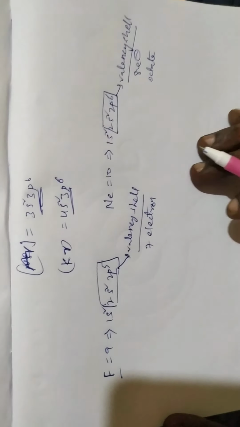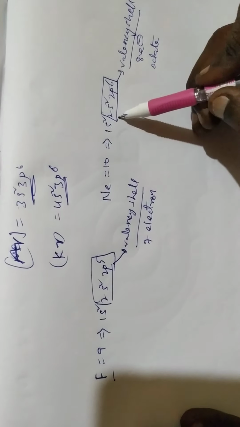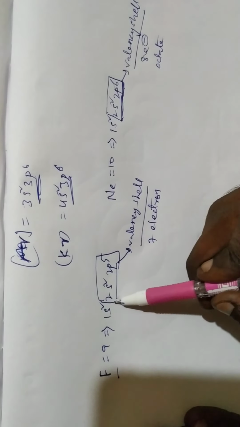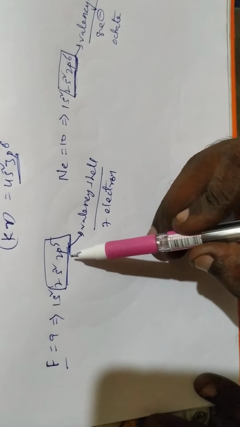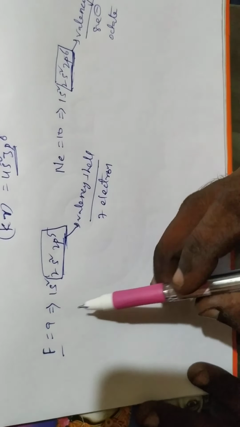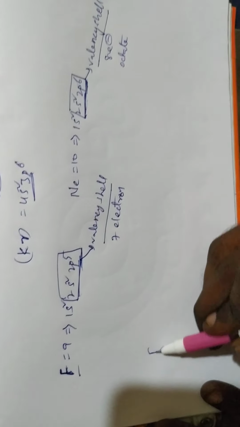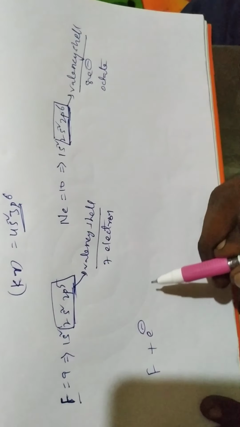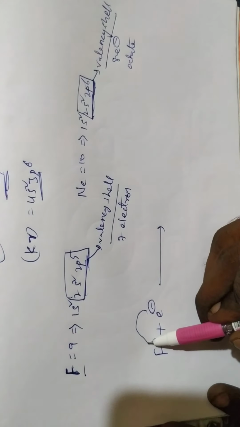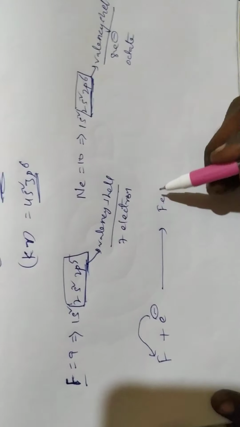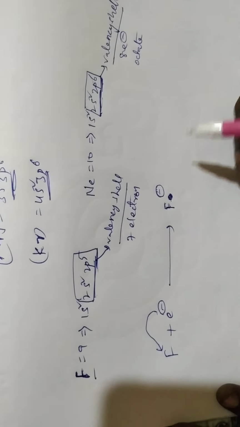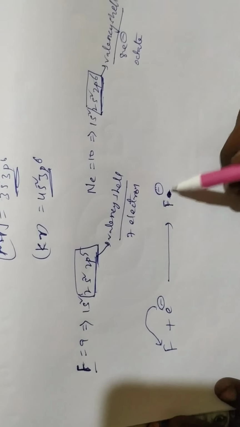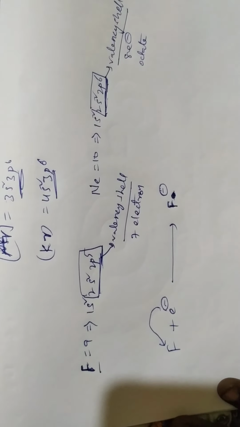How many electrons does fluorine require to get a neon-like electron configuration? 1 electron is required. By gaining that 1 electron, fluorine gets neon-like octet configuration. Look here: the electron is added to fluorine, and fluorine becomes the fluoride ion, F minus.